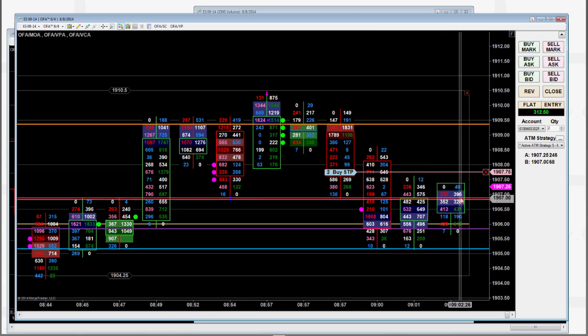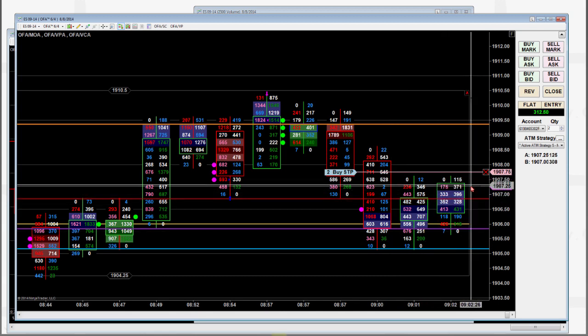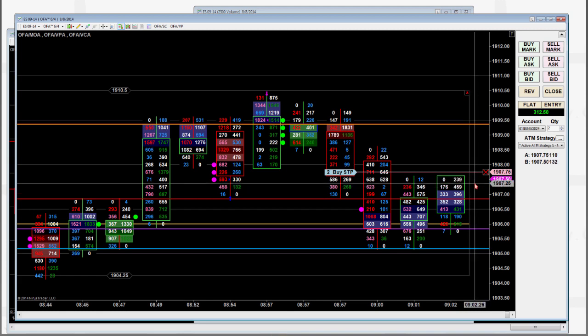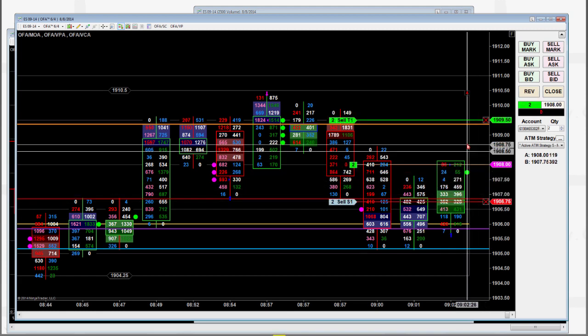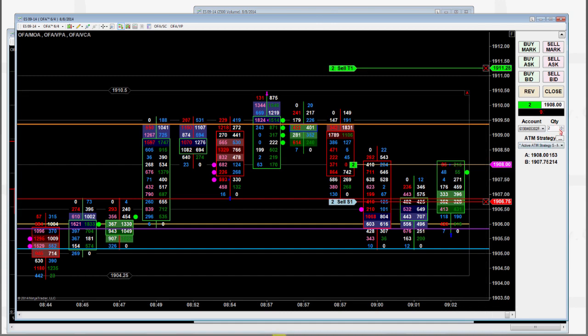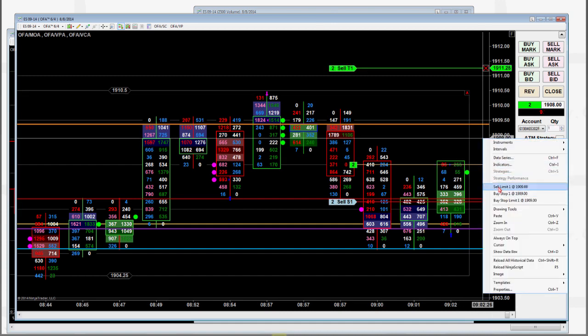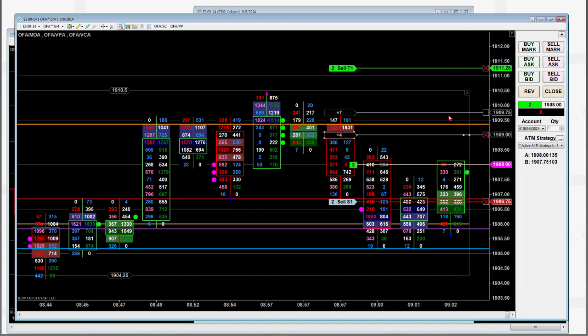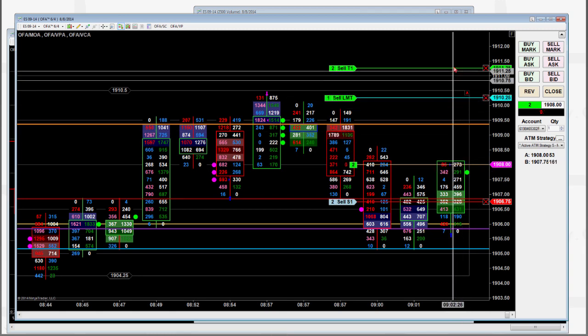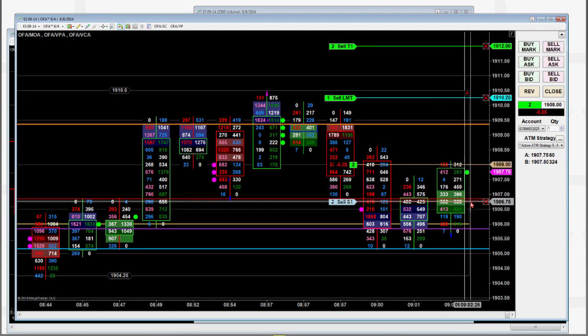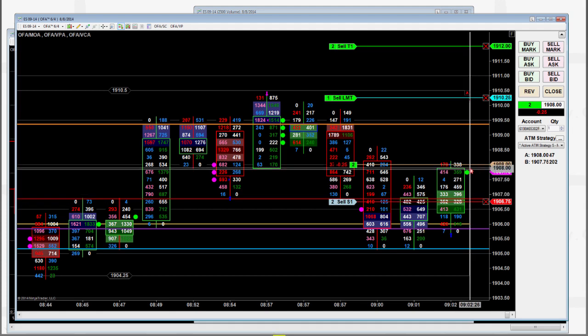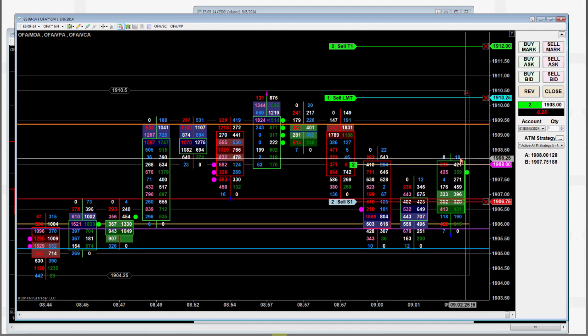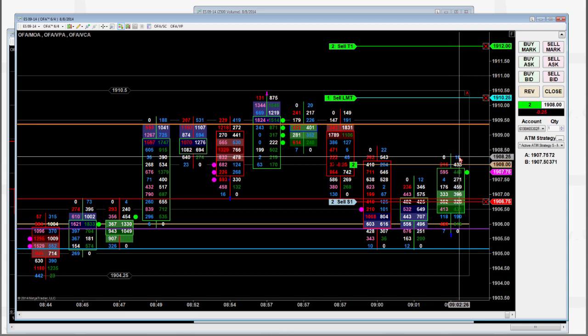I want to see buyers start to pop. I don't want to see that weakness back at the bid here, or at the offer at 1908 quarter.